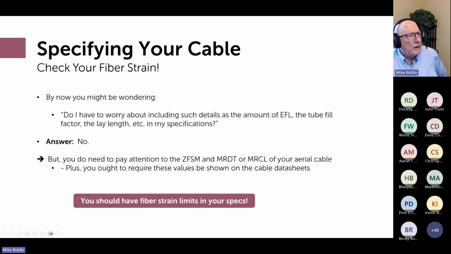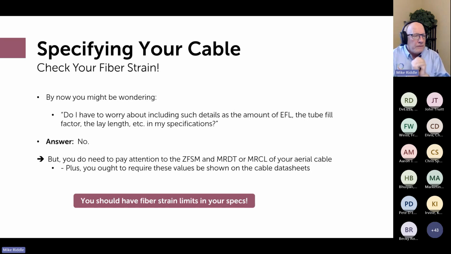So now we've talked about things such as the amount of EFL and the tube fill factor and the lay length of the tubes. Do I need to include all of that in my cable specifications? And the answer is no. You can circumvent all those details just by paying attention to the zero fiber strain margin.